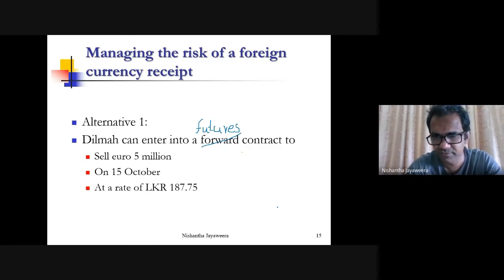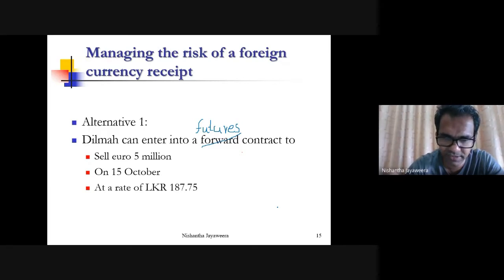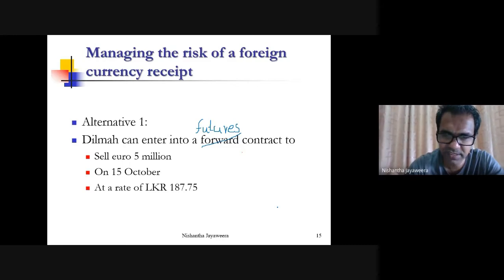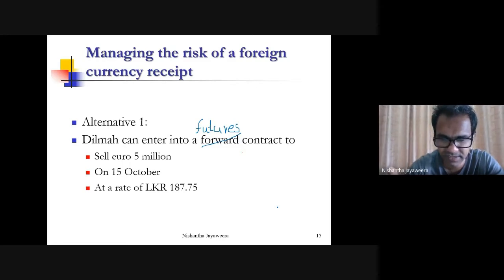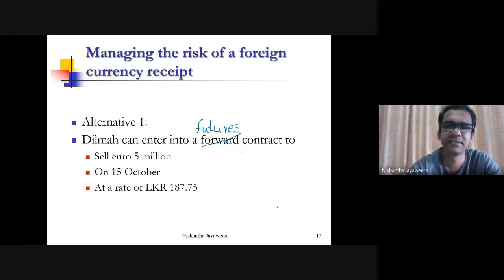But when it comes to a futures contract, futures are traded through an exchange, so the risk of the exchange is very negligible.